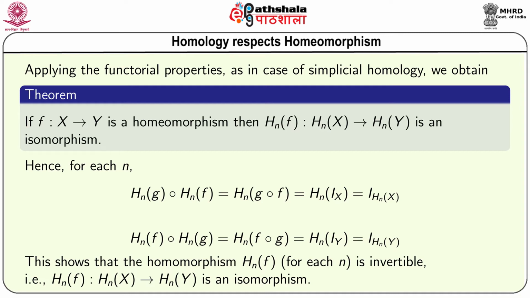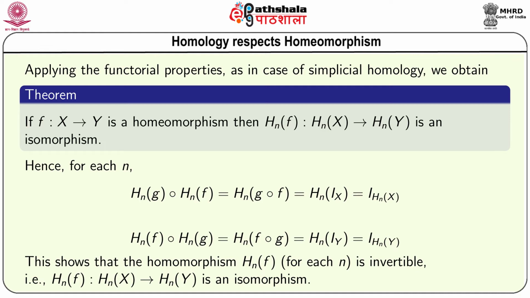Secondly, replacing g composed with f by I_X, we get Hn I_X. And thirdly, Hn I_X is equal to the identity of Hn X, once again by the functorial property.